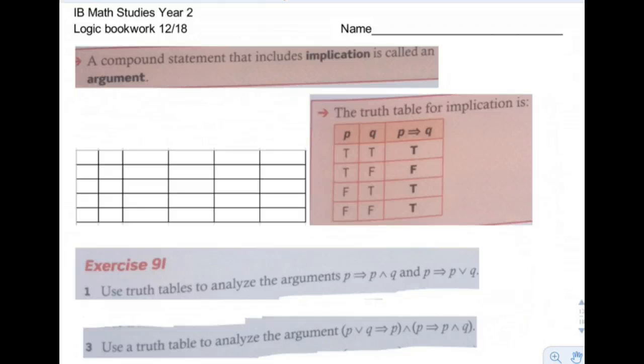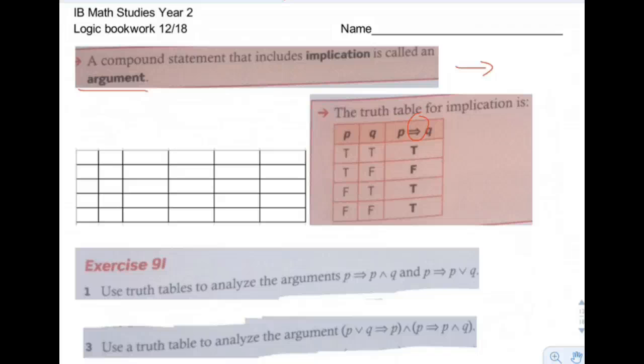Page 12. A compound statement that includes implication is called an argument. Okay? Implication is a one-way arrow. Do you see that one-way arrow? So it means something causes something else. Remember in our investigation, when certain conditions were satisfied, I commanded your score to be multiplied by 2, or taken the negative of, or add 3, or whatever, remember?